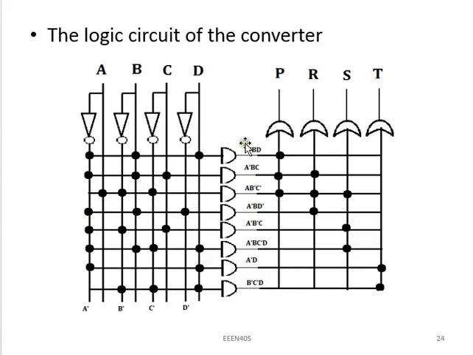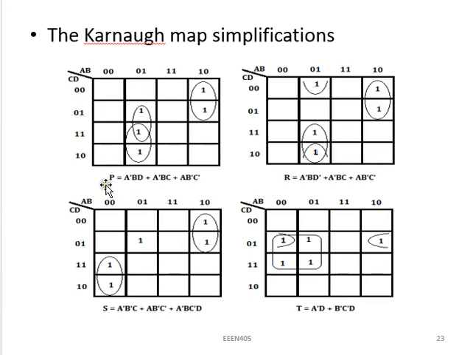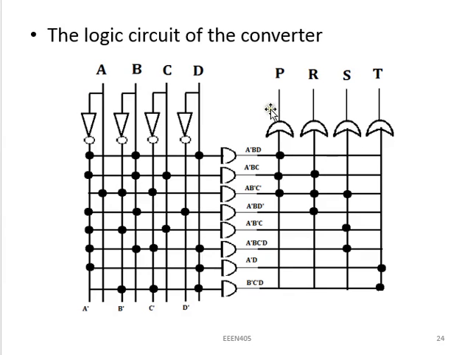Okay, so after that I will draw the output also horizontally extending this way. Then after that I'll go back to my expression here and say how many Boolean functions do I have? P, R, S and T. So I will say, okay, since I have 4 of them, I will draw 4 OR gates here, and I will draw their lines vertically downwards crossing these lines.